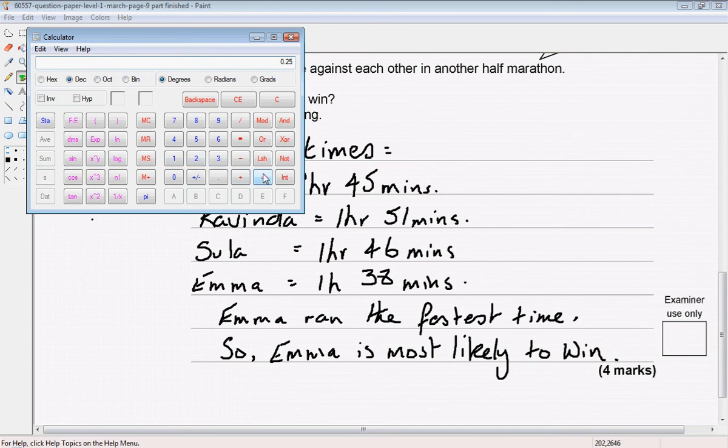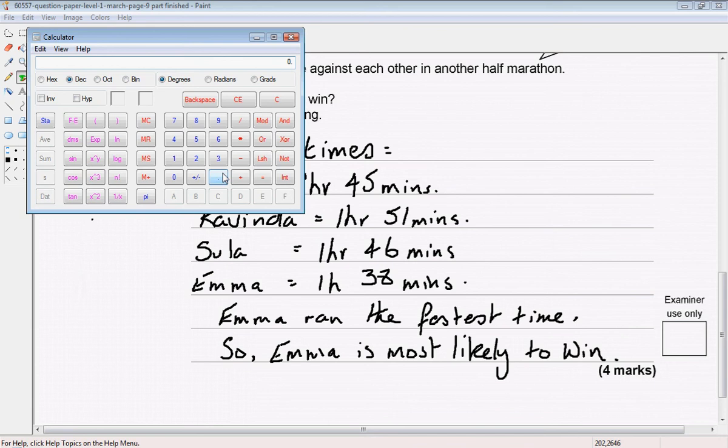Now we know that 1 hour divided into 4 parts is 15 minutes. The problem is that people will see 0.25, so they'll see that as 25 minutes, and this is wrong.